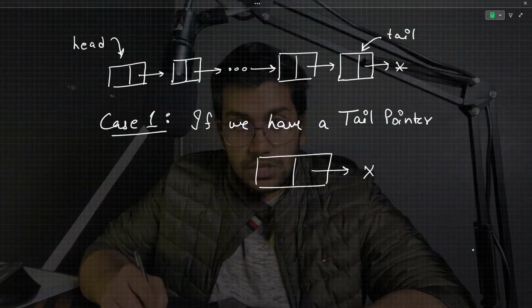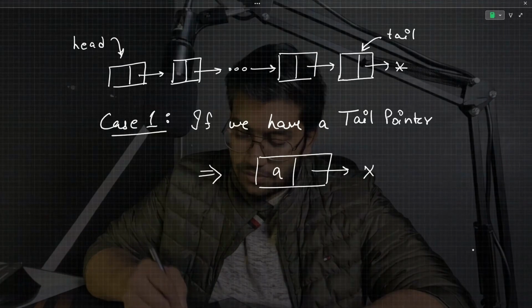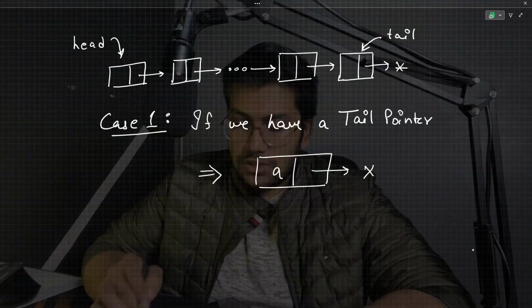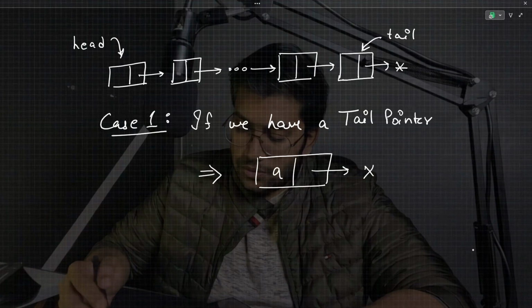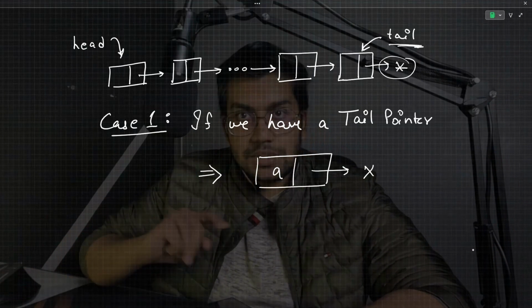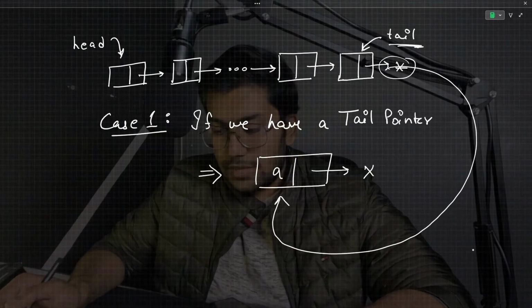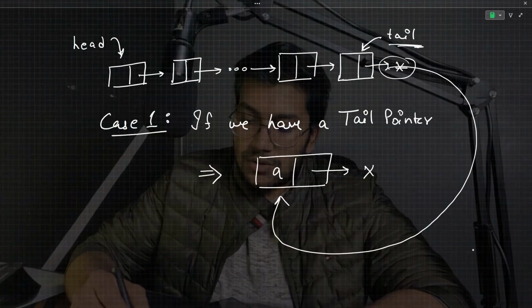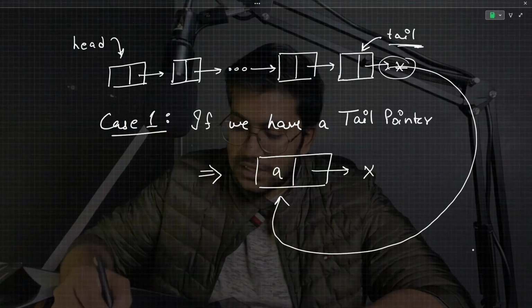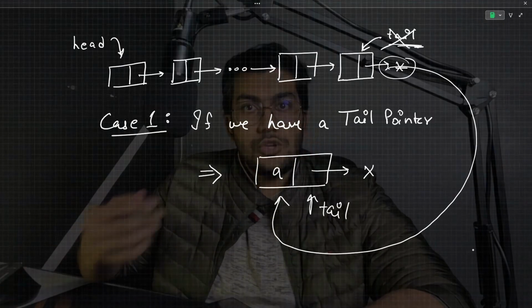First you initialize your new node. Then to add this at the end of the list, you take the tail's next pointer, which is actually pointing to null, and point it right here. And after that, since tail is pointing to the second last element, you need to reassign the tail, so tail would point to this new node that you just created.